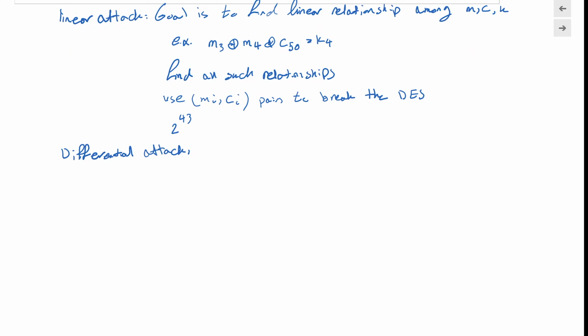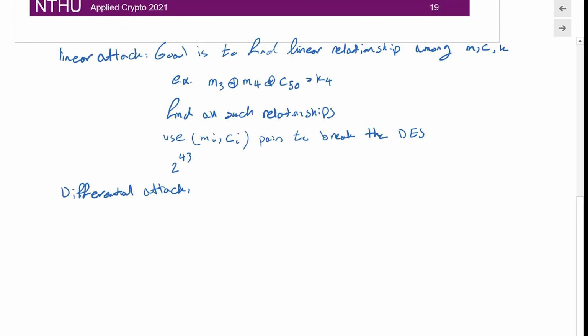The idea of this attack is to study how changing the message would change the corresponding ciphertext.